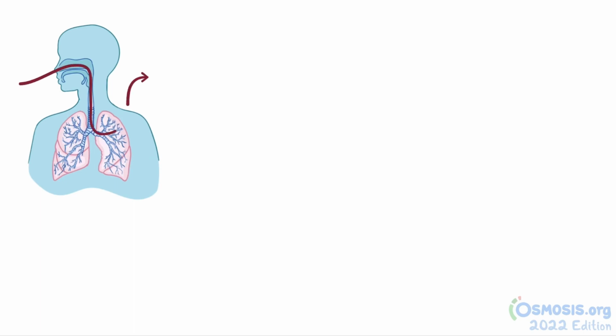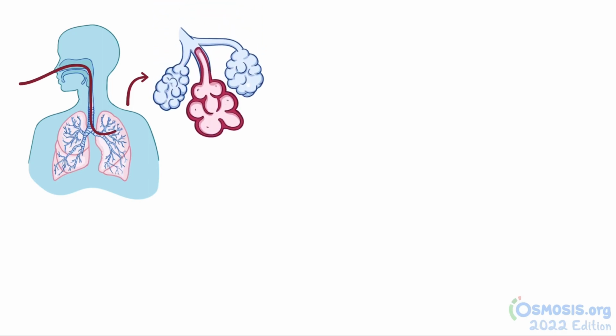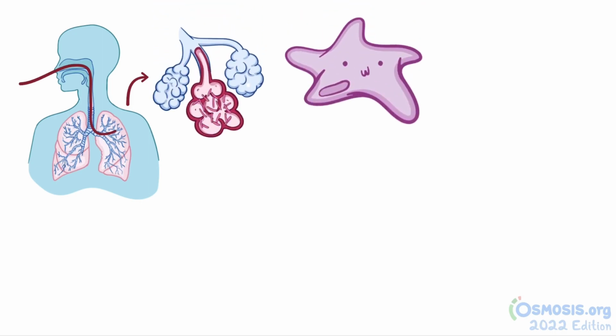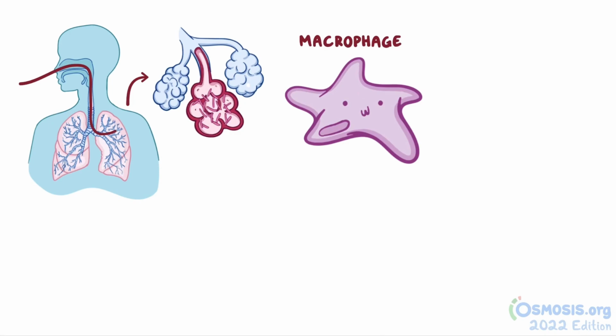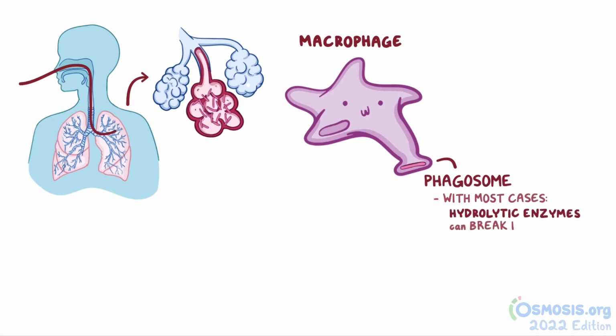TB can avoid the mucus traps and make its way to the deep airways and alveoli, where we have macrophages which eat up foreign cells, digest, and destroy them. With TB, they recognize foreign proteins on their cell surface and phagocytize them, or essentially package them into a space called a phagosome. With most cases, the macrophage then fuses the phagosome to a lysosome, which has hydrolytic enzymes that can pretty much break down any biochemical molecule.